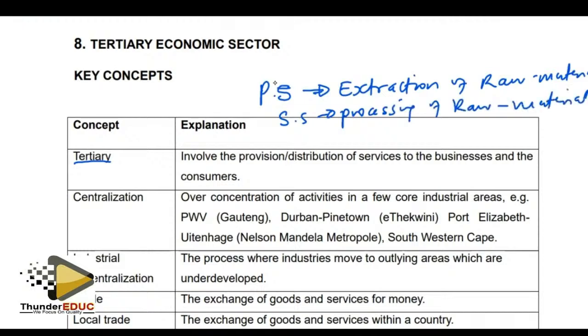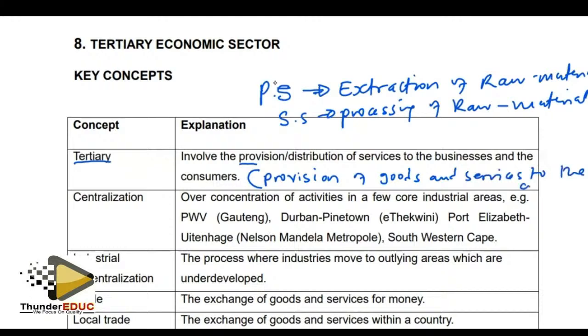Now, with the tertiary sector, they say it involves the provision of services to the businesses and to the consumers. And as well, we could say provision of goods and services to the consumers.